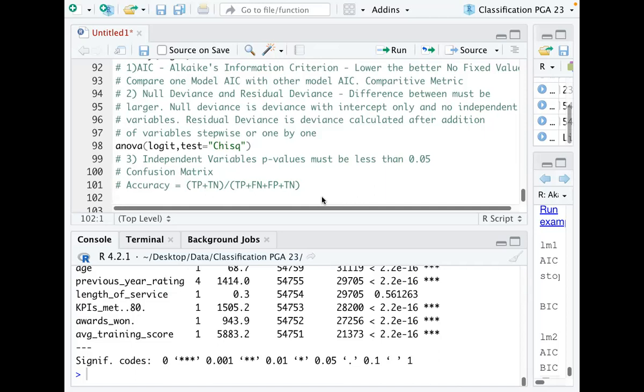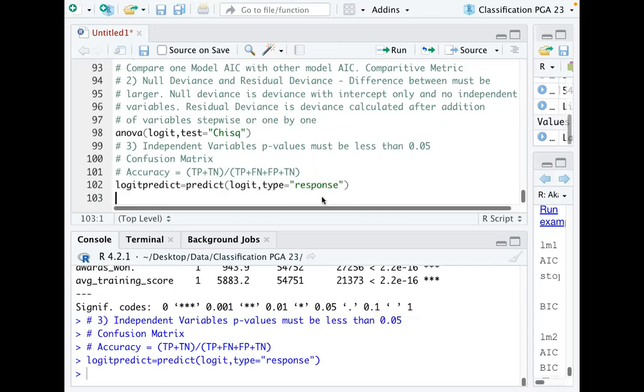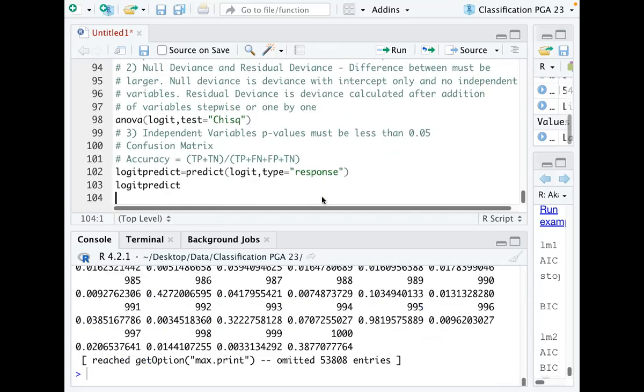Okay, so logit predict is equal to predict logit, the model name, comma, type is equal to response. Now type is equal to response will give you probabilities. If I say logit predict, see, you get the probabilities.